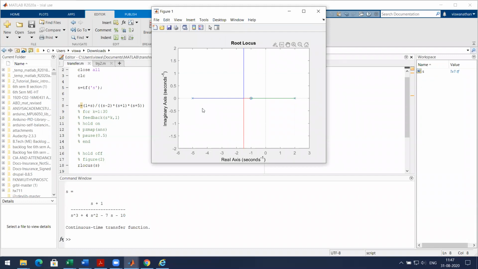This becomes stable. What is happening is you have 3 poles, one at +2, one at -1, and another at -5, and then you have a 0 at -1. Now there are 3 poles and 1 0. So which one goes to what?